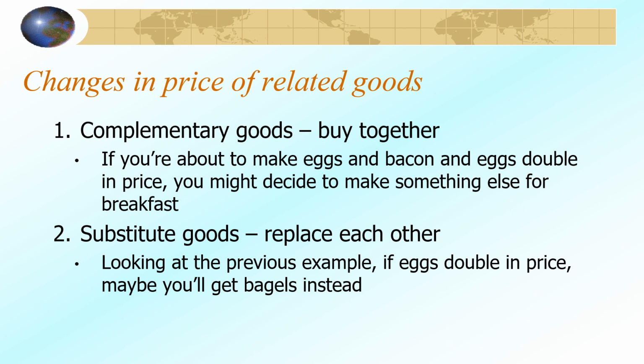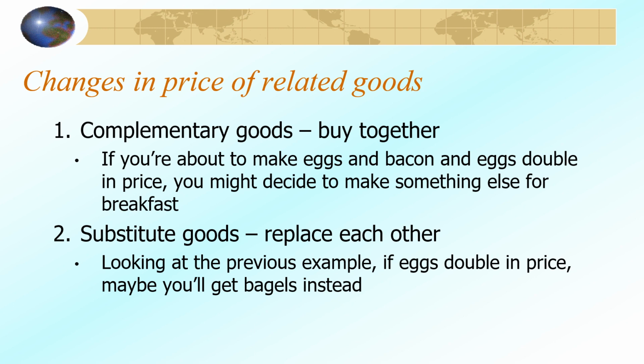Notice that if eggs become more expensive, I'm going to argue that the demand for bacon falls, shifts to the left. Likewise, if the price of eggs doubles, I'm going to argue that the market for bagels is going to shift to the right, or demand is going to increase for bagels. And again, don't be confused.